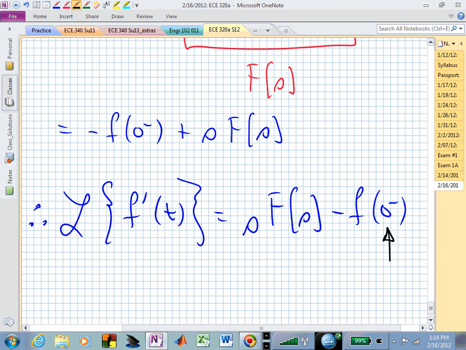That's time t equals 0 minus. You're evaluating the function of time, f of t, at t equal to 0 minus. That will be a number. So don't think that that's s, or a value of s. This is t equals 0 minus. That's the initial condition on that function f of t.